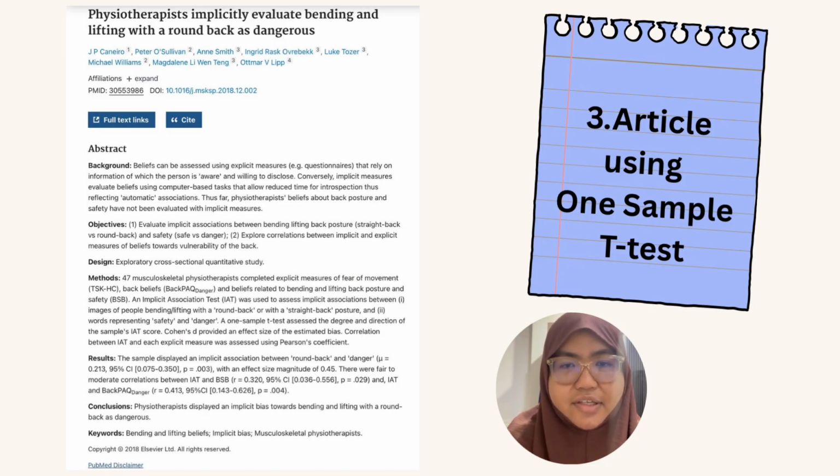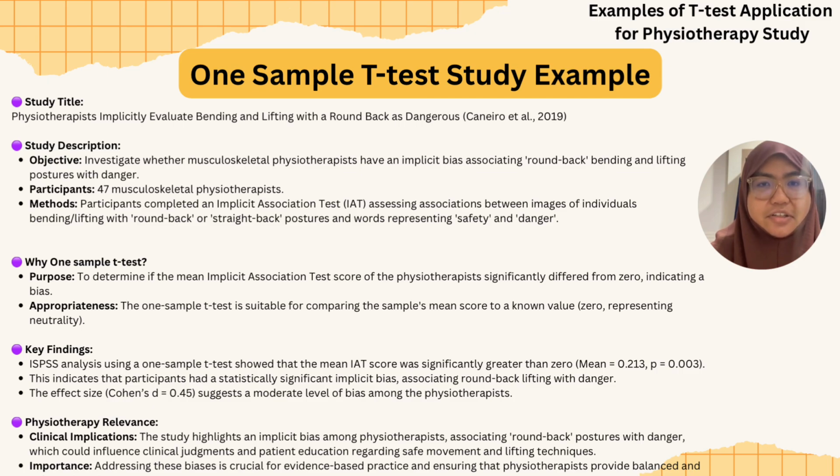The third one is an article using a one sample t-test. The article is titled Physiotherapists Implicitly Evaluate Bending and Lifting with Round Back as Dangerous. The aim of the study was to see whether musculoskeletal physiotherapists have bias linking round back posture with dangerous.